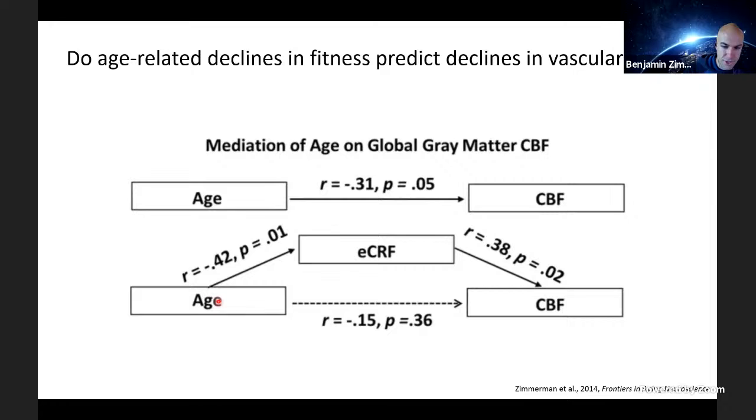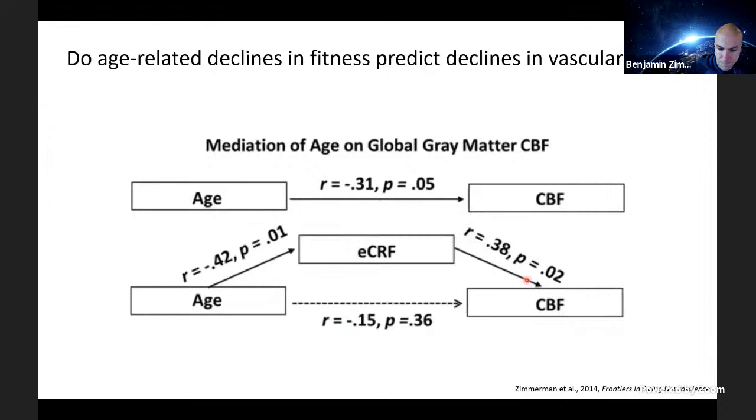Down here, first, this just shows that age also predicts lower cardiorespiratory fitness. And then we see what happens when we try to predict cerebral blood flow by age and an estimate of cardiorespiratory fitness at the same time. And when we do that, we see that cardiorespiratory fitness still significantly predicts cerebral blood flow. That's what this is showing over here, even when we control for the effects of age.